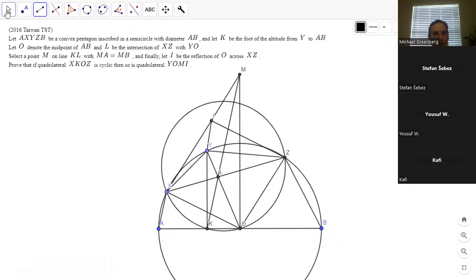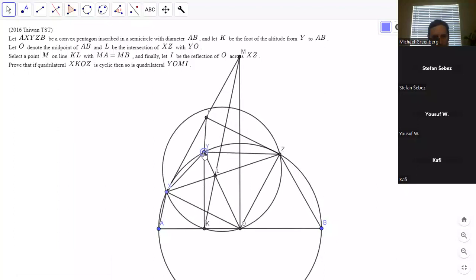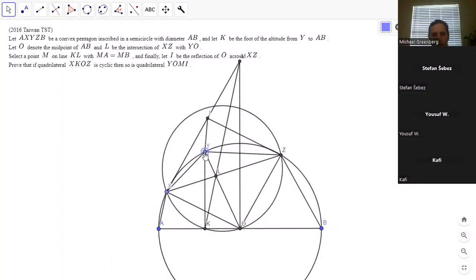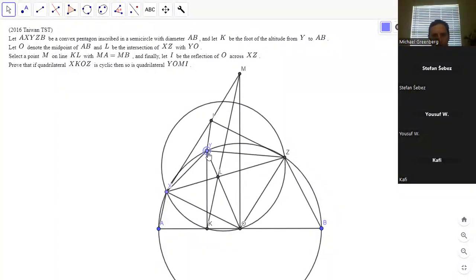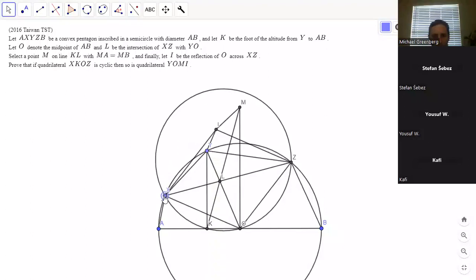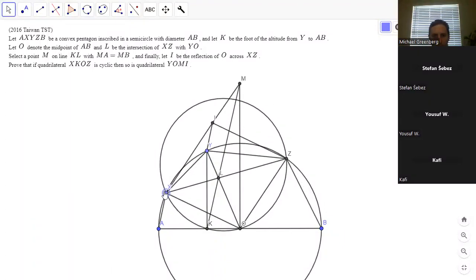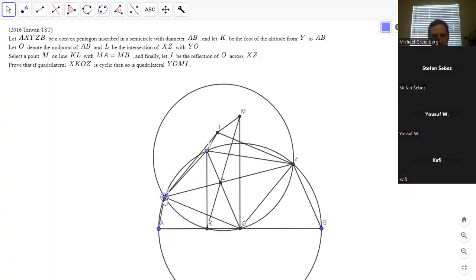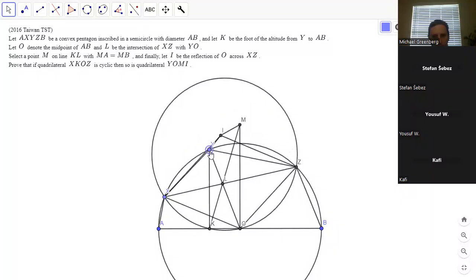I don't think MI and X are collinear, right? Oh, it looks like they are. Oh no, not necessarily. It's just the way I drew it. But yeah, MI and X are not necessarily collinear.